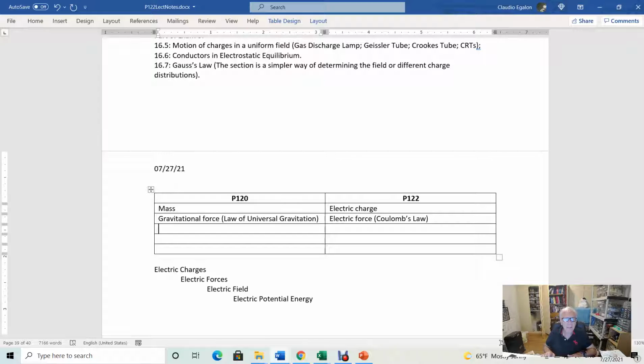In physics 120, we have the acceleration of gravity, which, by the way, is just another name for the gravitational field. That's the analogy between 120 and 122. What we have here is an electric field.